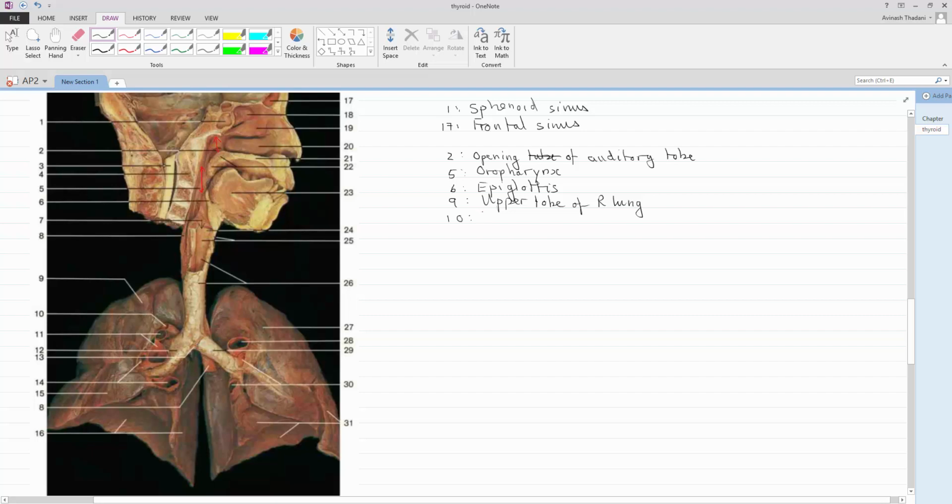I believe that's the azygous vein. Not important. 11 is the branches of the pulmonary artery. Of the right pulmonary artery.